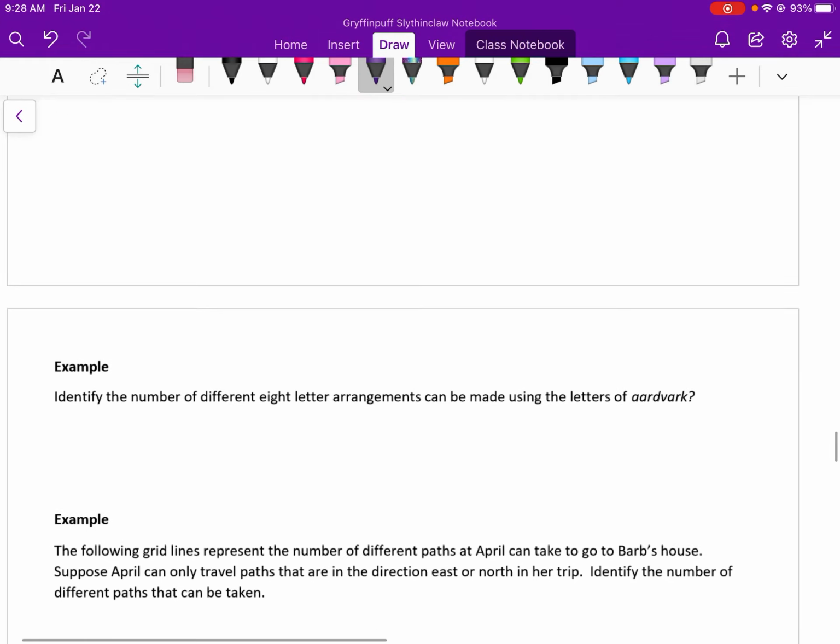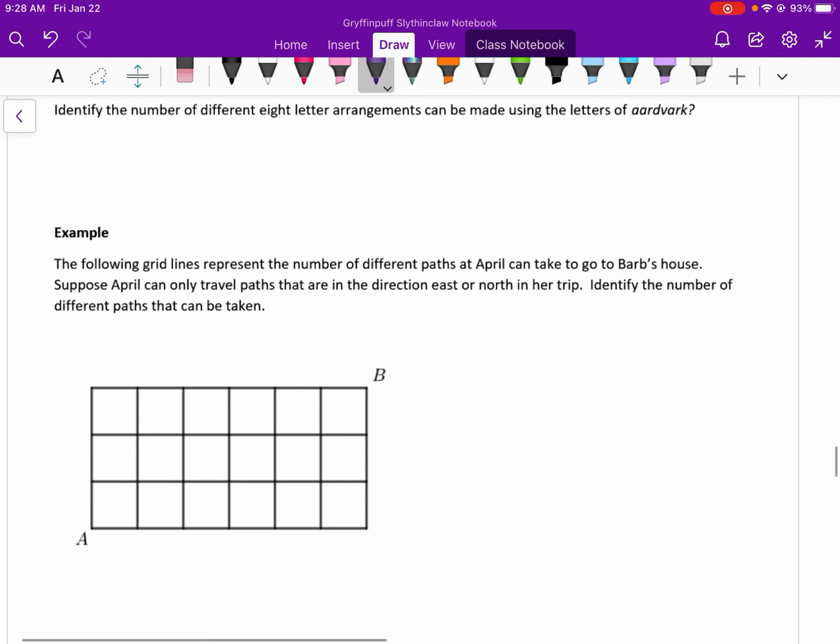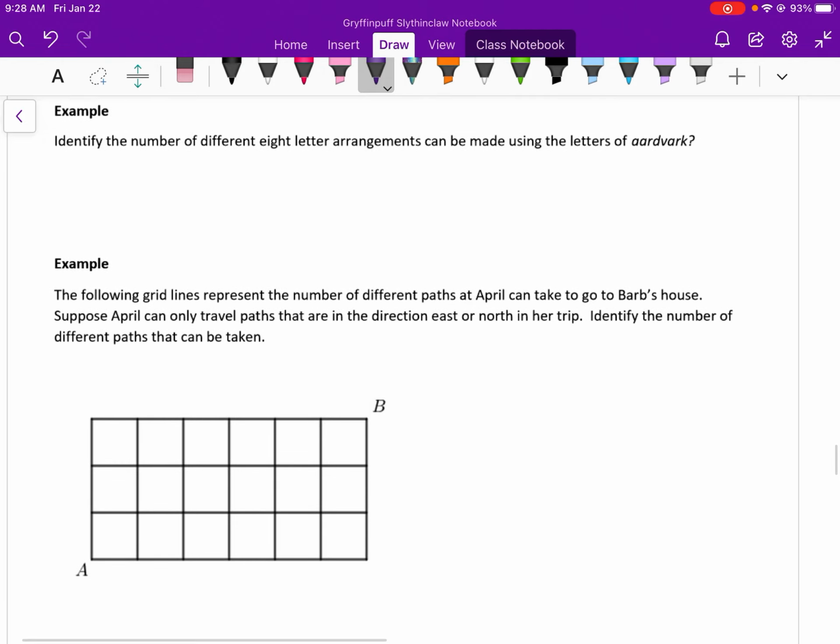So I'm going to take a look at the word aardvark. Identify the number of different 8-letter arrangements that can be made using the word aardvark. Now, aardvark is a weird word, and perhaps the first thing I'm going to do is rewrite it in terms of letters.